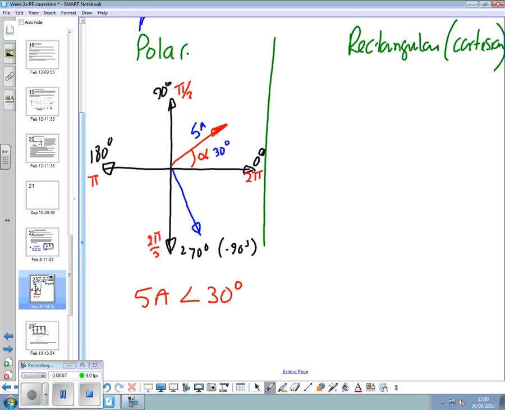That one, if that's 5 amps and that angle in there is 60 degrees, we would write that blue one as 5 amps angle minus 60 degrees. It would be equally correct to say that one is 5 amps angle positive 300 degrees, and you would get the same answer out of any arithmetic that you did with it.